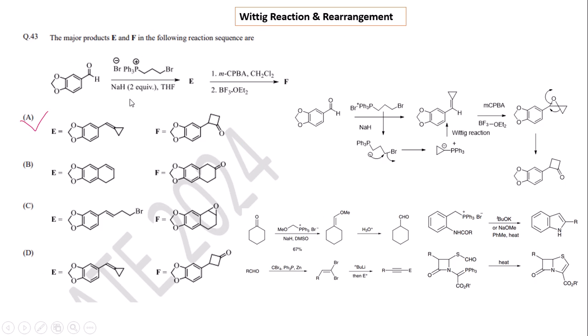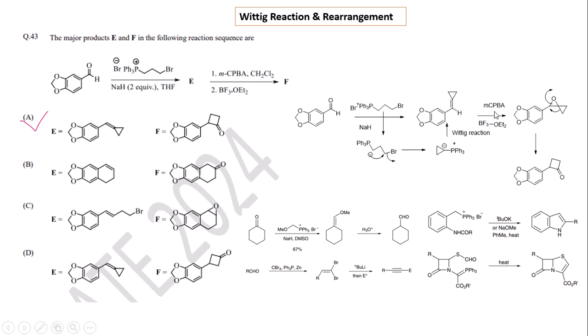Now this is the problem for the Wittig reaction followed by rearrangement reactions. Here the ylide can be formed in the presence of sodium hydride, producing the cyclopropane derivative, and then this cyclopropane derivative produces the carbanion, and the adjacent carbanion and the PPh3 plus produce the cyclopropyl ylide, and this cyclopropyl ylide undergoes addition with the carbonyl to produce the alkene derivative.